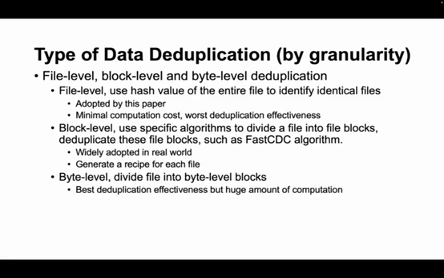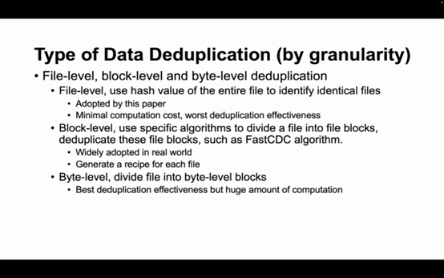Once identified, the duplicated data blocks are replaced with a reference to the original block, resulting in significant storage space savings. The process can be performed at various levels, including file, block, and byte level, depending on the storage system and the data type.